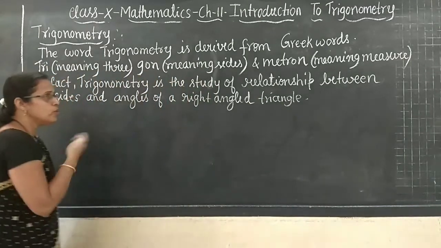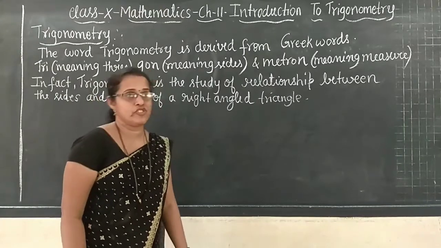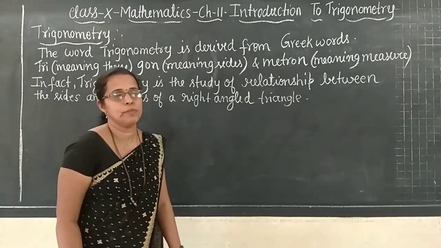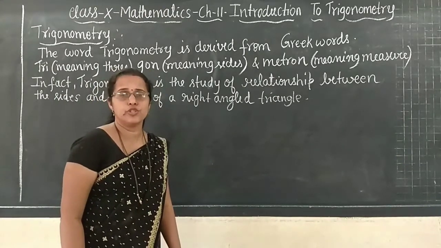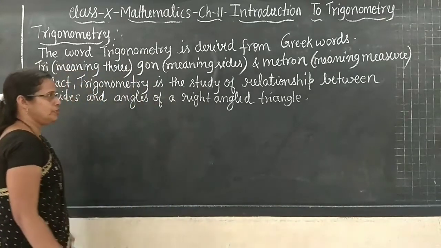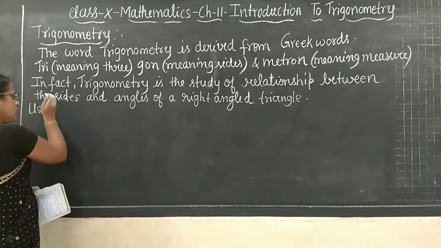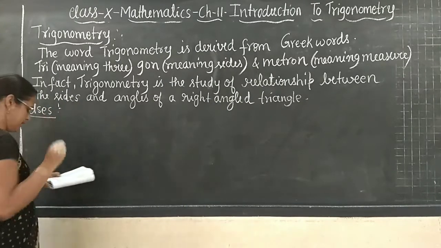Okay, so what is the use of trigonometry then? To find the distance without actual measurement, you can find the distance between the stars and planets from the earth. Okay, so write down, if anybody asks uses, what is the use of that?